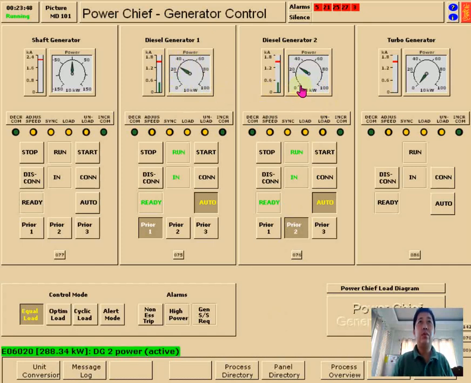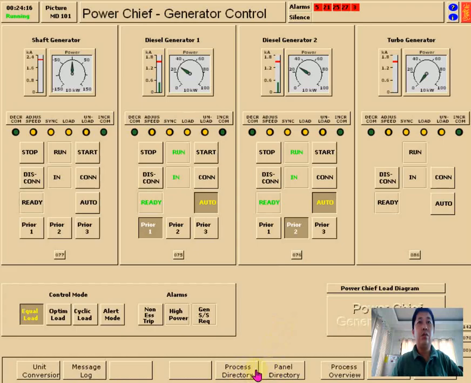This one will become 0, and the breaker will disconnect. So we will try to reduce the load here.